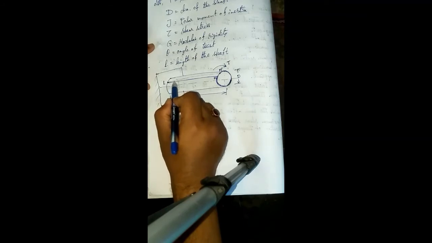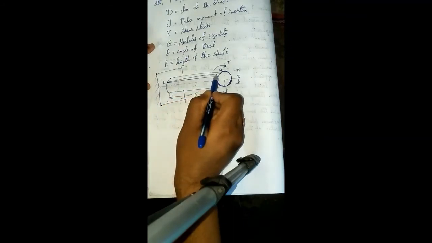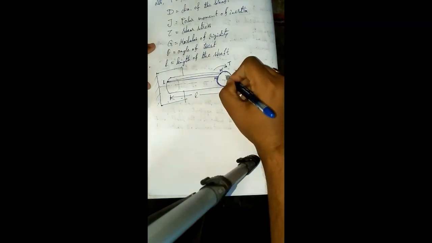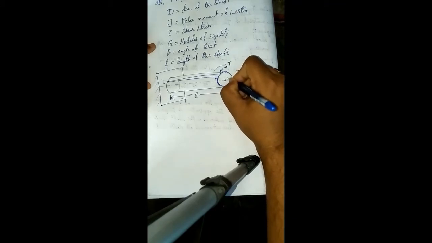Now joining the line L to M dash. This is a cross section of the free end. This is the center of the shaft. We are taking the point as O, joining this center also.